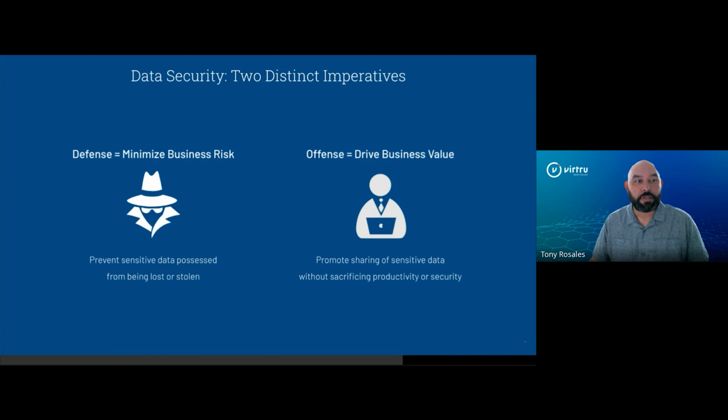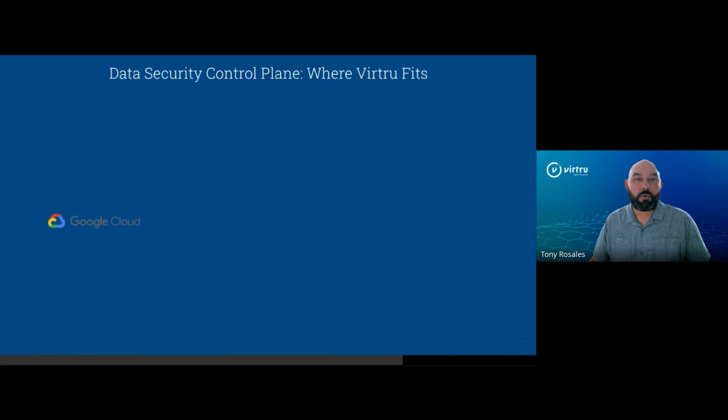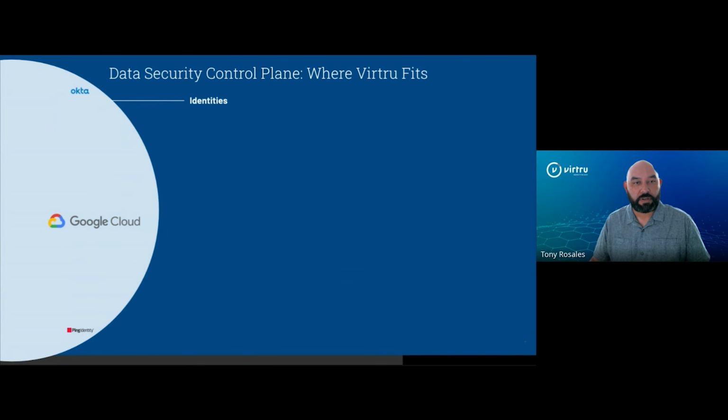And that's really what we do at Virtru, is we enable customers and organizations like yourselves to move in that direction and really think about the information in and of itself, right? And so what we're really talking about here is where Virtru fits in as far as the different organizations.